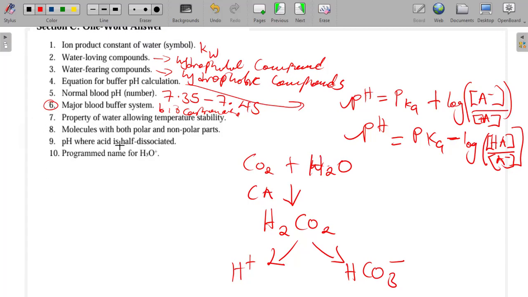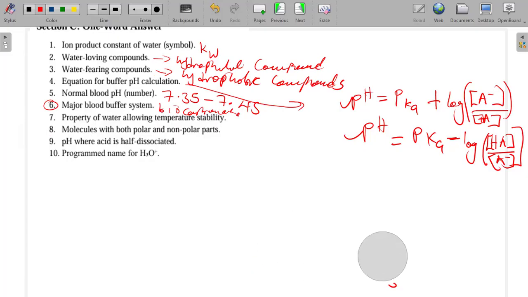So we go to question number 7. She's saying the property of water allowing temperature stability. Okay, so remember those properties of water. So we are looking at the property of water allowing the temperature stability.